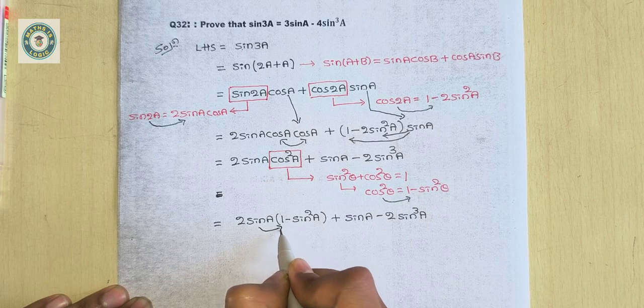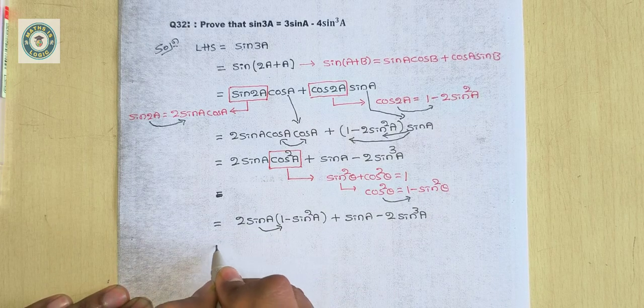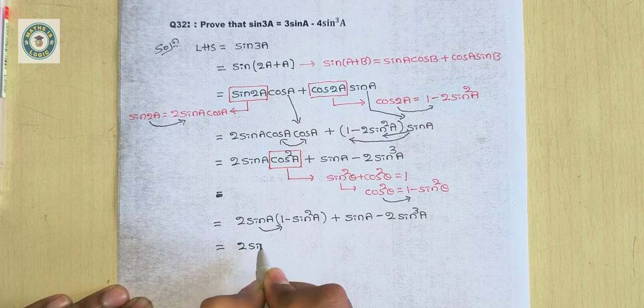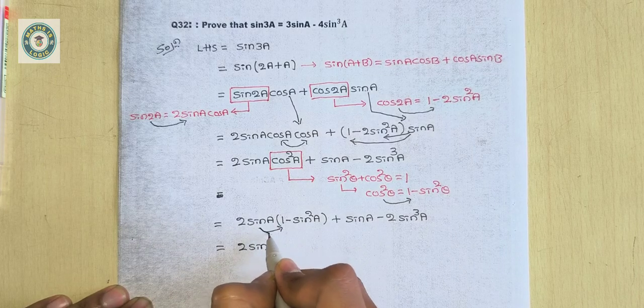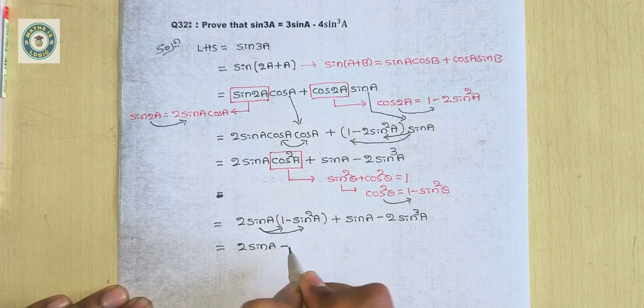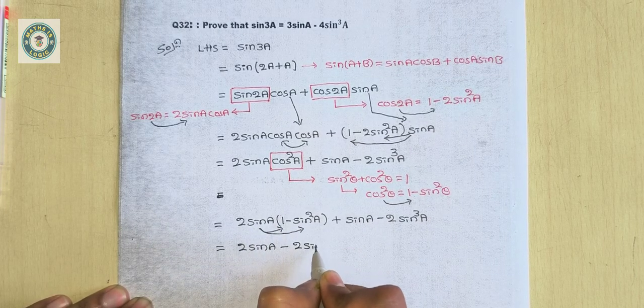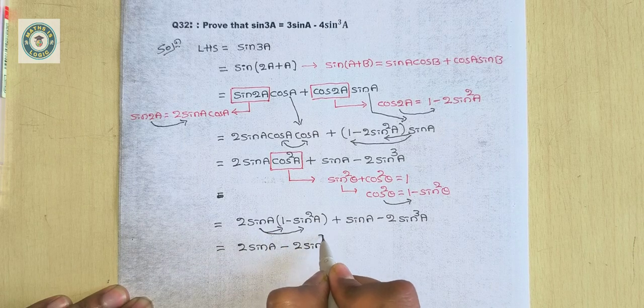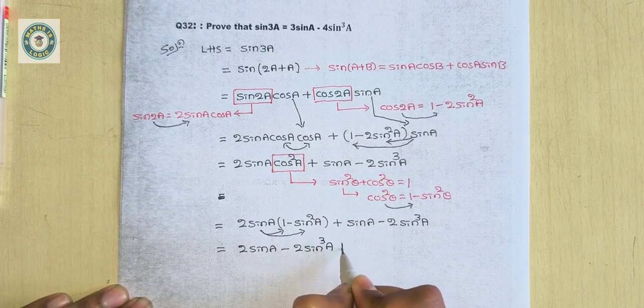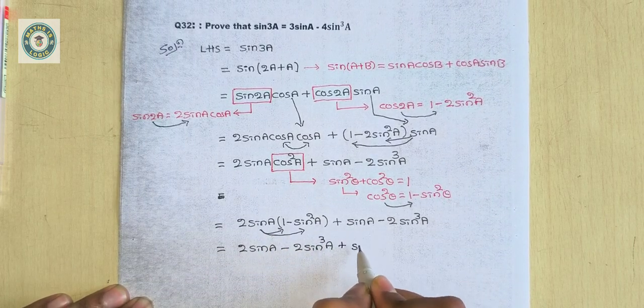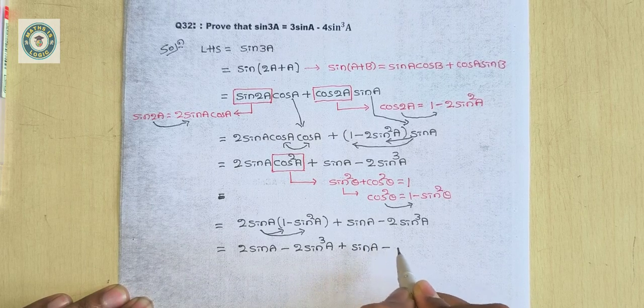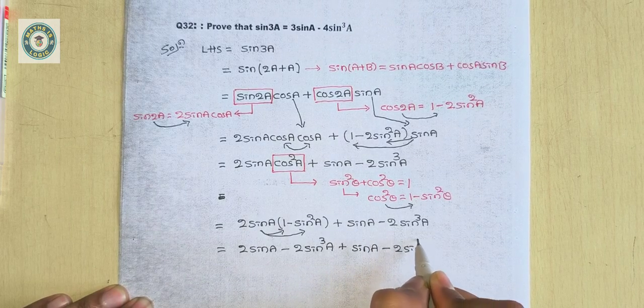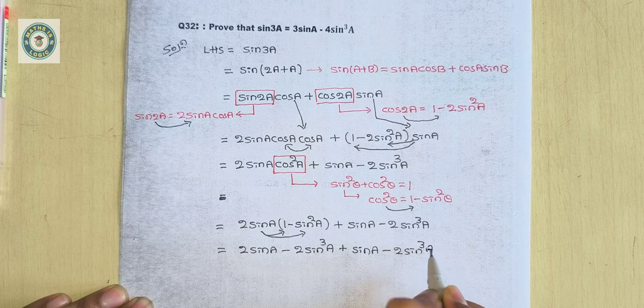Next, open the bracket. 2 sin A into 1 is 2 sin A. Next, 2 sin A into sine square A is 2 times sine cube A. Plus, keep this sin A as it is, minus 2 sine cube A also, keep it as it is.